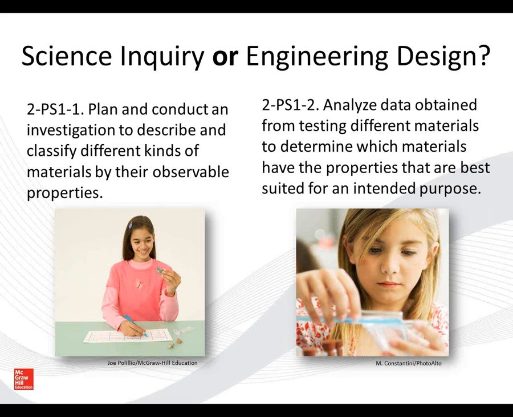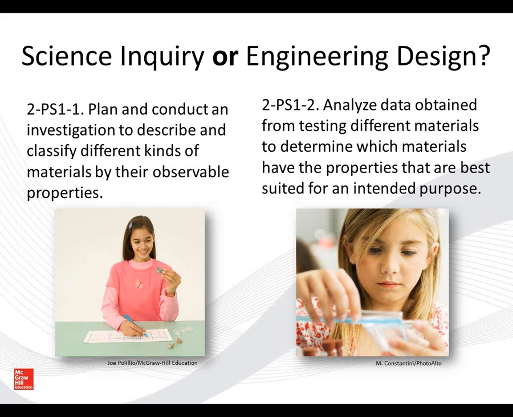So if it's trees, for example, well, what's similar about trees? What's different? So getting at the science of botany, you want to distinguish the similarities and differences, and then you learn the differences among genders, among conifers and deciduous trees and so on and so forth. So it seems that the first one involves an investigation to get at a core idea in science.